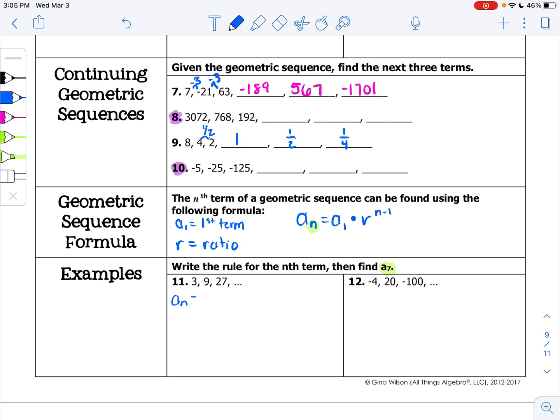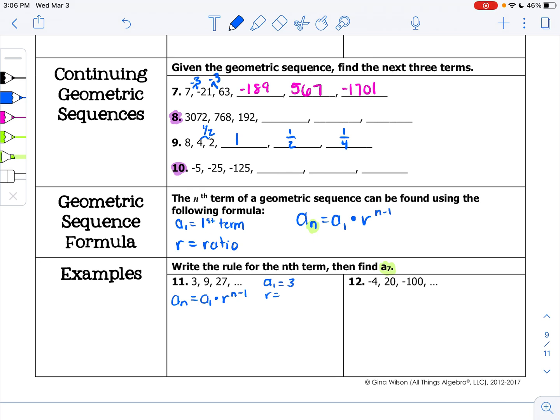A sub n equals A sub 1 times r to the n minus 1. And we need to write this for every problem to help us remember it. And then we need to identify what A sub 1 equals and what r equals. So A sub 1 is the first term in our sequence, and the first term is 3.